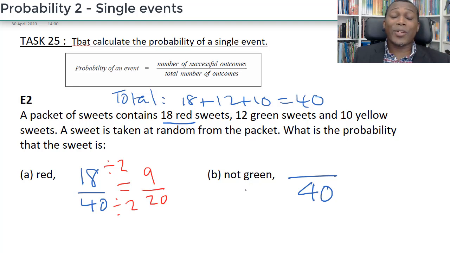Now, not green. Well, if it's not green, what color is it going to be? And that's right, and I can put that up here. We're thinking about all those colors. It can be red, it can be green, or it can be yellow.